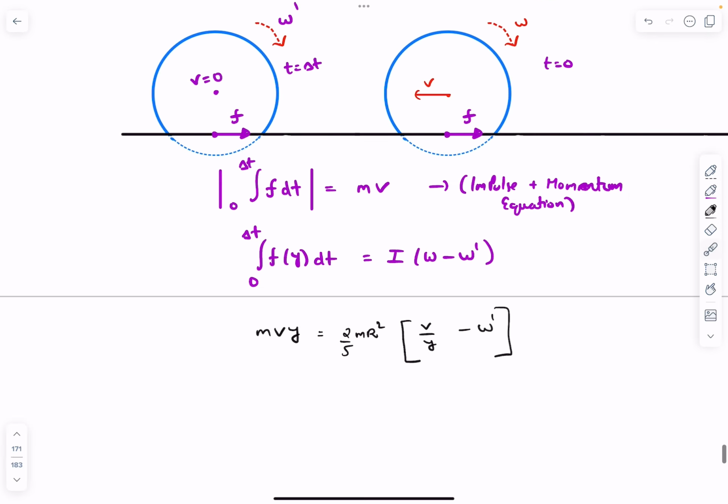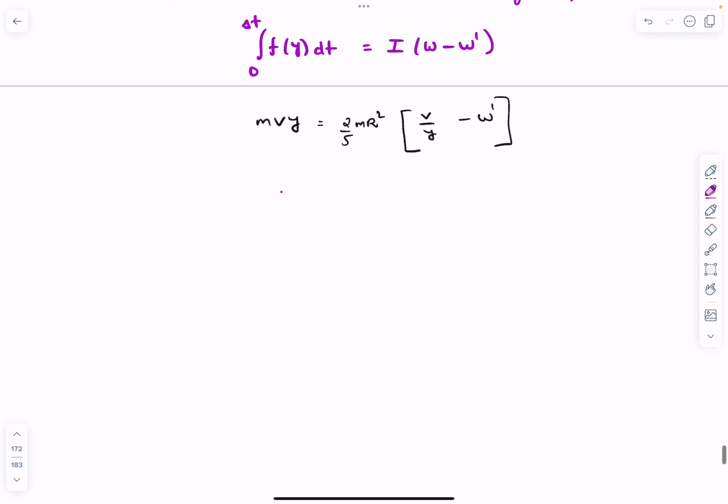Now the thing about omega dash is that we just want it to be greater than 0. So we'll solve the inequality that omega dash should be greater than 0. This means 2 by 5 r squared times v divided by y should be greater than v times y. The v cancels out, and we get y squared by r squared should be less than 2 by 5.